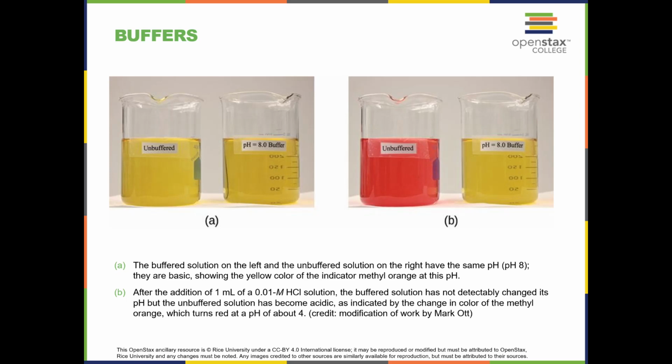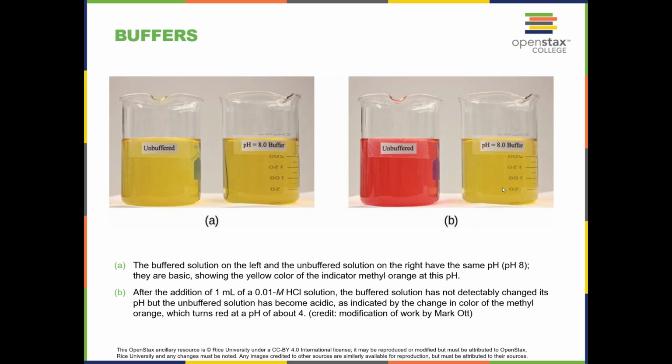What's important to note here is that a buffer solution can resist a change in pH whether acid is added or base is added. It's also important to note that if we got out the bottle of 12 molar HCl, and for safety reasons you might not want to do this, but if we got out the bottle of 12 molar HCl and we started pouring it into this buffer solution, we could certainly get this buffer solution to turn red.